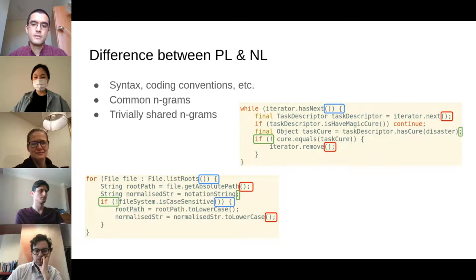These common n-grams are only there because of the syntax of the language or some coding conventions and so on. We call the n-grams that appear for these reasons, and not because of the semantics, trivially shared n-grams.